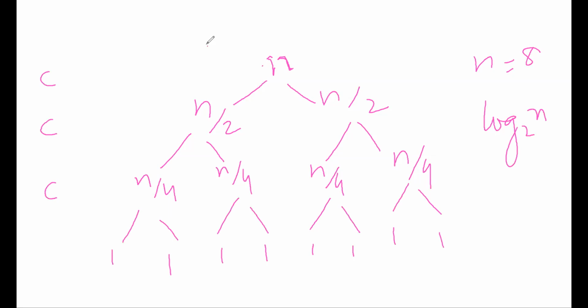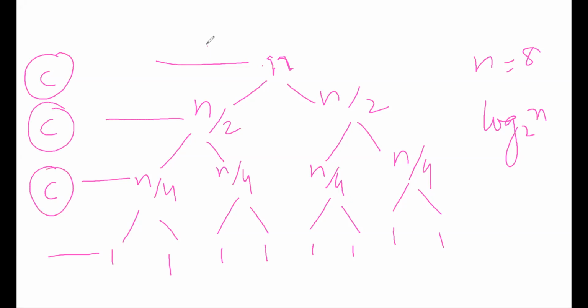Now, how many times log of n? The height of the binary tree means you go 1, 2, 3 steps down. At every step you have this additional work C. So it's actually C into log n. But then again, C is a constant, so we don't worry about that much.